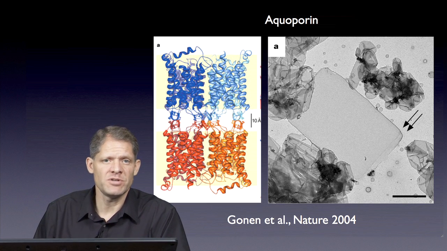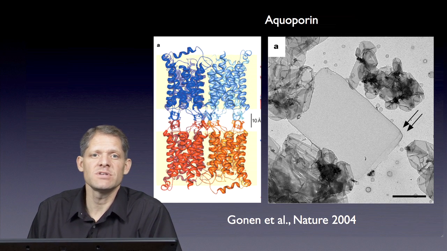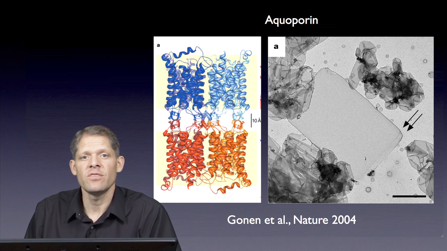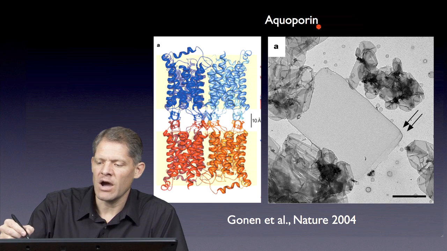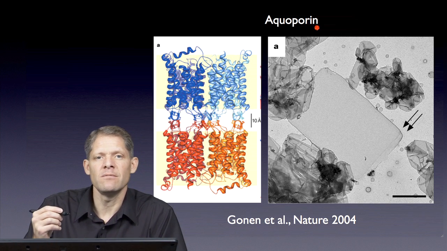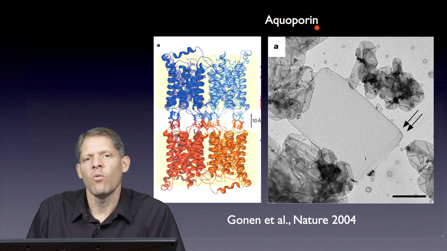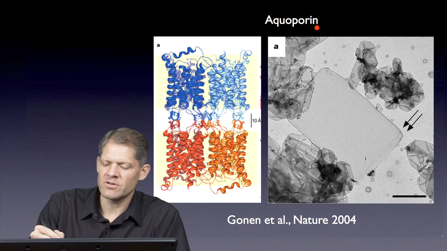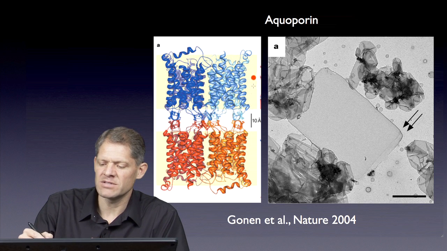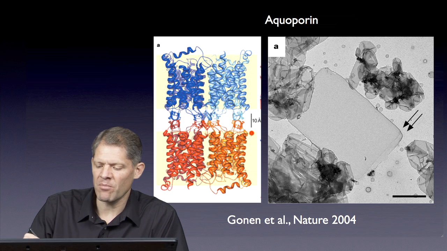Another example of a protein that naturally assembles into a well-ordered, thin 2D array is aquaporin. Aquaporin is found in many places. In one case, it's present in the membranes of the lens of your eye, and there it's found to bridge between two membranes. So here's one membrane, and then there's a gap, and there's another membrane.